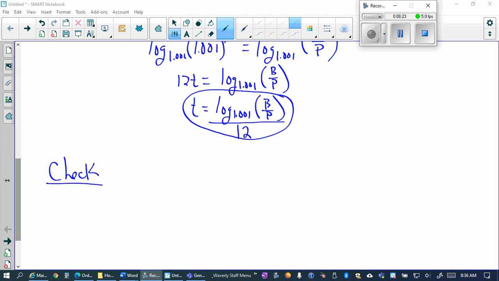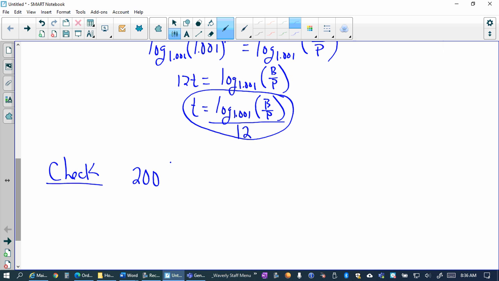So let's set it up here. We're using the future value of a single deposit again. So $200 times 1 plus 0.01 divided by 4 this time, compounded quarterly, to the 4t needs to equal $300 at some point in the future. We want to find out when that will be.